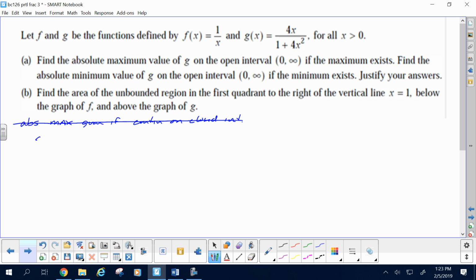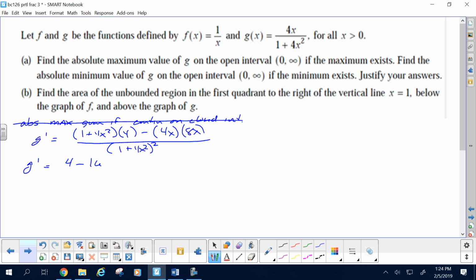Let's start with the first derivative, and then we'll go there. First of all, check your quotient rule: low d high minus high d low over the square of low. Do you get something like g prime is 4 minus 16x squared over (1 plus 4x squared) quantity squared?